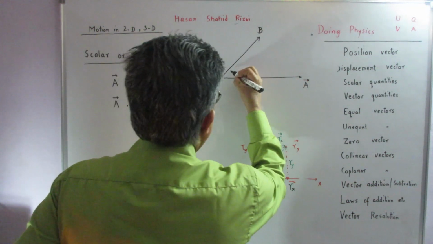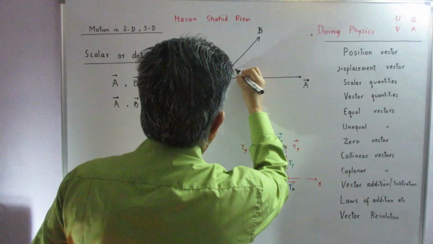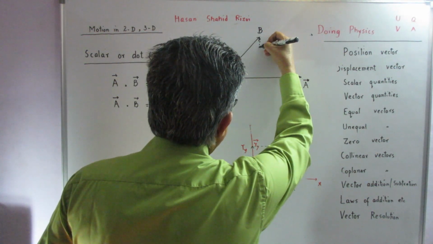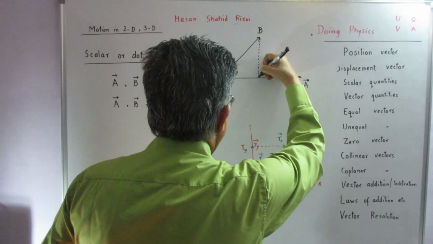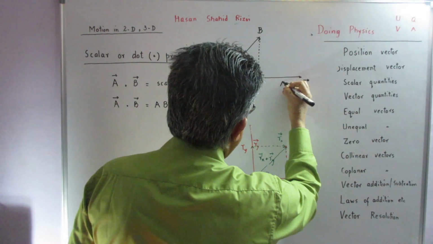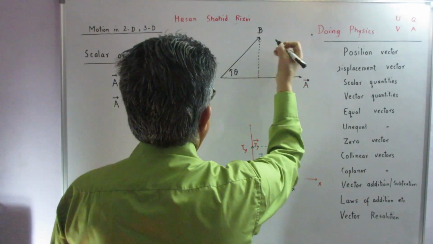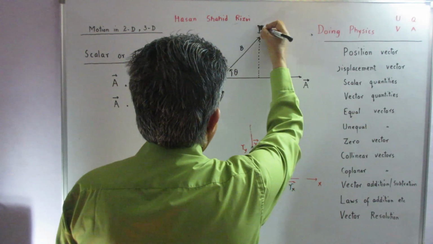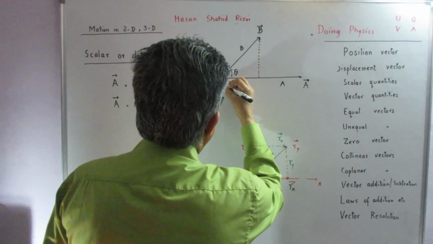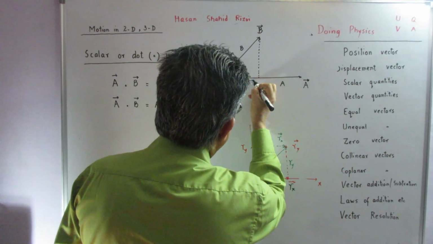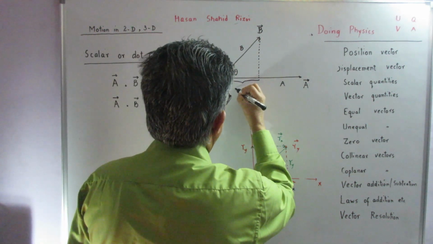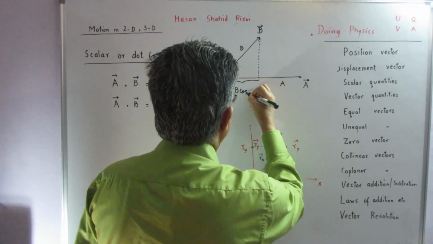The angle between the two of them is theta here, and if I drop a perpendicular from the head of the vector B, then I get this as the vector A with magnitude A, magnitude B, and then I have this as equal to B cos theta.